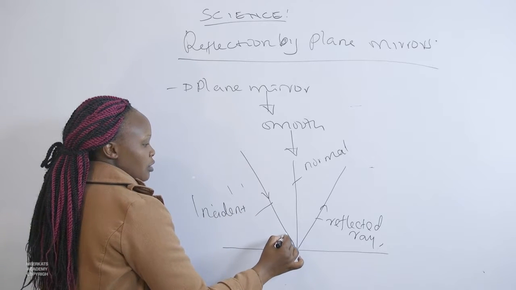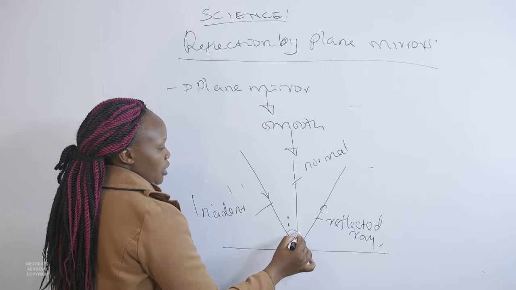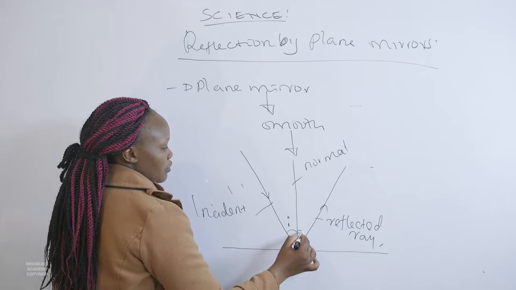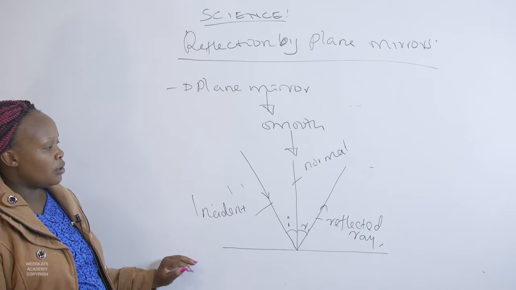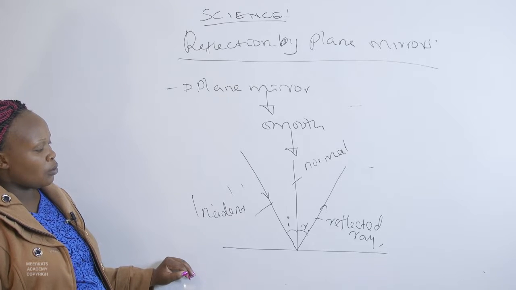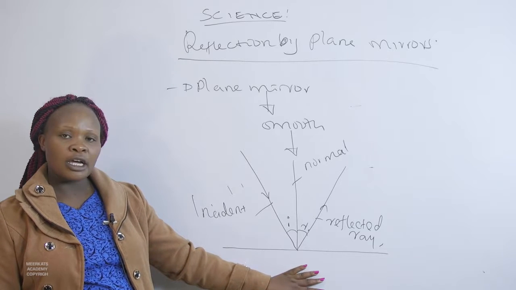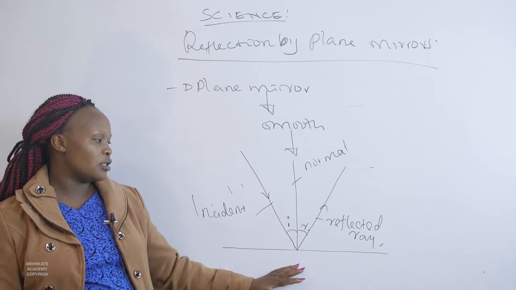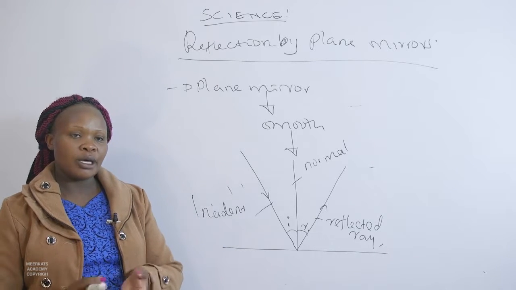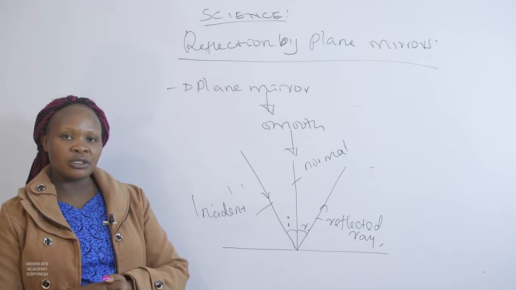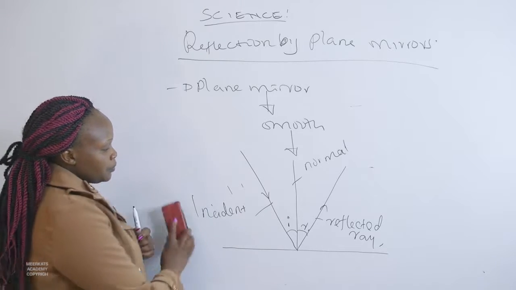Then the angles that we are talking about, we have angle I and angle R. Now, we have some mirrors that will keep these conditions, obey the laws of reflection, and still give us some images.